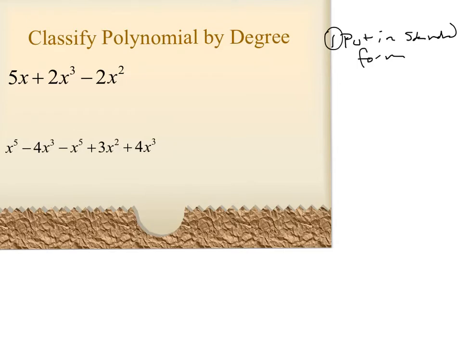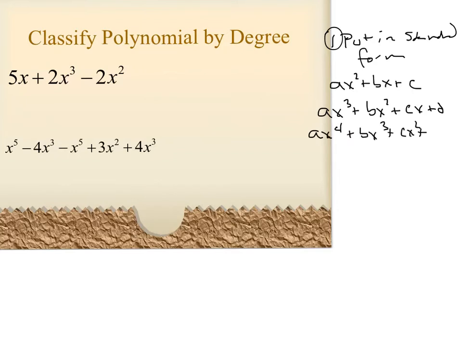And one of the best ways to put something in standard form is if you think we have a quadratic as ax squared plus bx plus c, standard form is just an extension of that. So I can create standard form by just increasing the exponent and increasing the amount of letters. And so I have ax to the fourth plus bx cubed plus cx squared plus dx plus e.